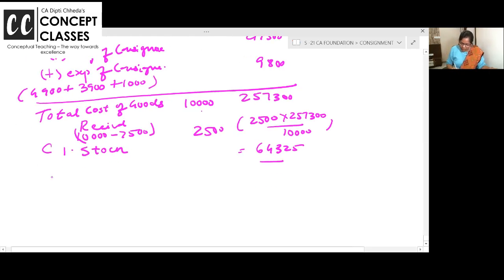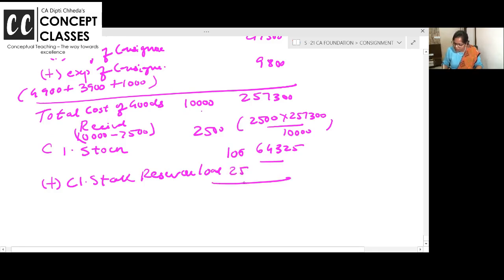But we need to add the closing stock reserve or loading. This is the closing stock at cost 100. अब इसमें loading और profit मिलाओ और calculate करो invoice पे. I'll tell you the reason. You just write the working clarity के साथ. 64,325 into 25 divided by 100.